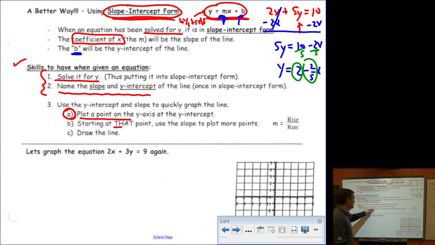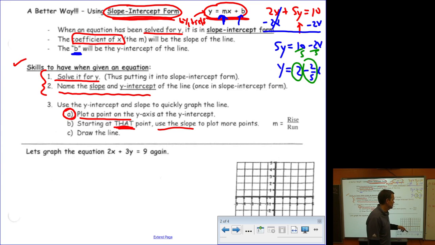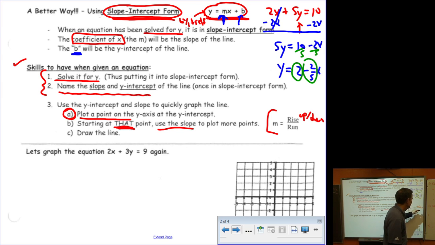And then starting at that point, you're going to use the slope to plot more points. Remember, the slope is simply the rise over the run. So when the slope is a fraction, the top number tells you how much to go up or down, and the bottom number tells you how much to go left or right.